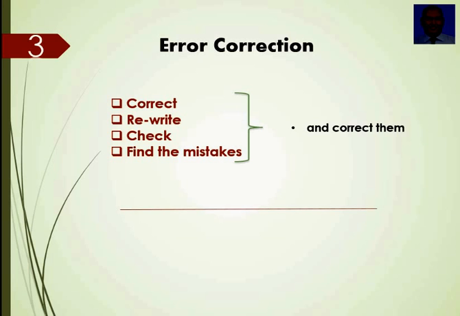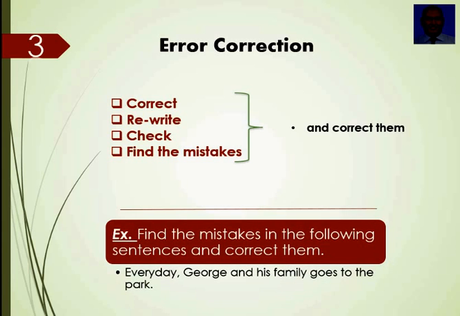Okay, let's have an example. Find the mistakes. Okay, now it's an error correction. In the following sentences, find the mistakes and correct them. Every day George and his family goes to the park. Okay, so how to answer this? Number one, circle the mistake here, or the error. Where? Okay, it's goes. I can't say goes.